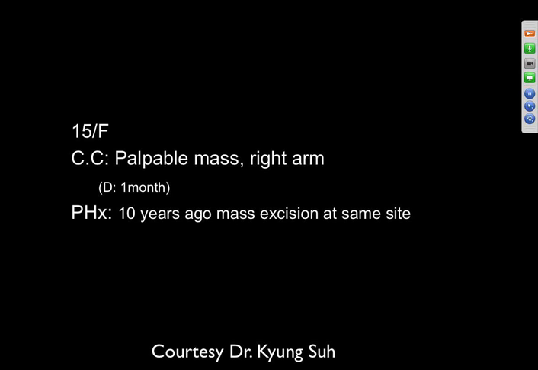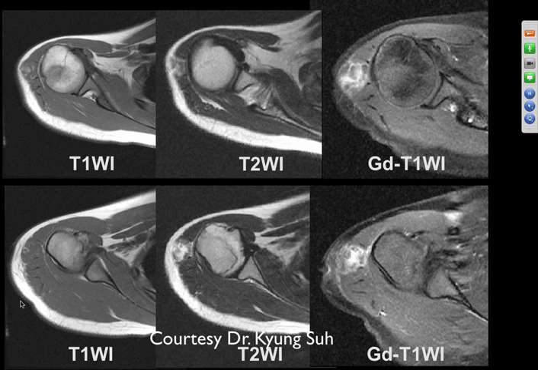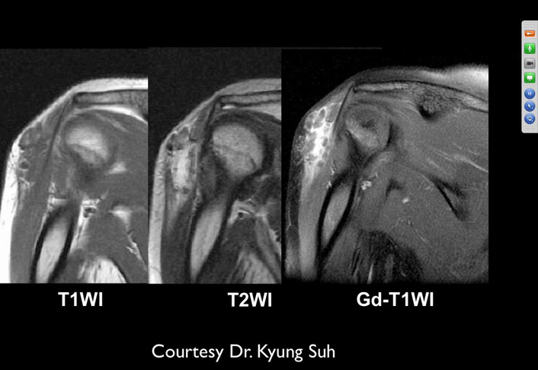Okay, Philip. 15-year-old, palpable mass in the right arm, 10 years ago mass excision at same site. Uh-oh, I think. So in the right arm, there's kind of like a subcutaneous nodule overlying the greater tuberosity of the right arm, right where your arrow is. It looks like it has some T1 hyperintensity, so maybe there's some fat component. It's extending into the deltoid muscle, and it may or may not enhance.